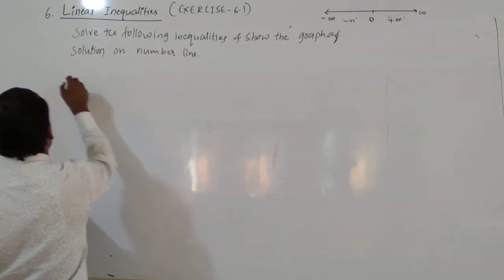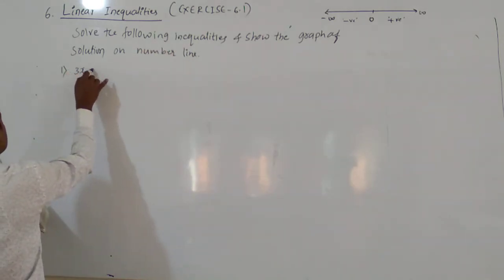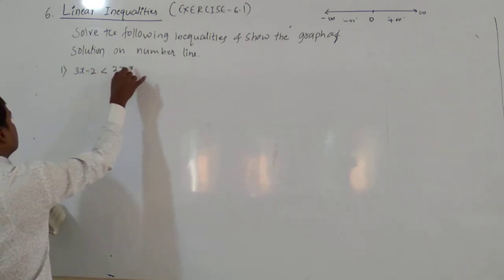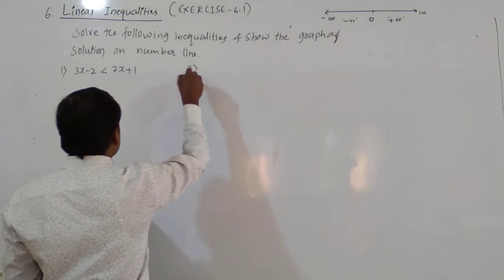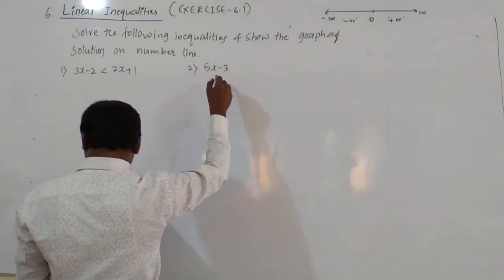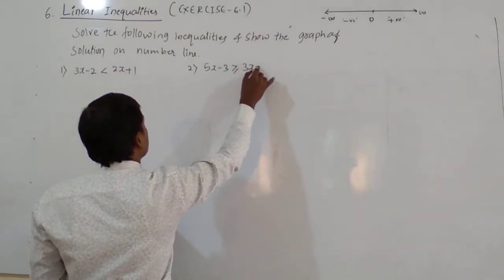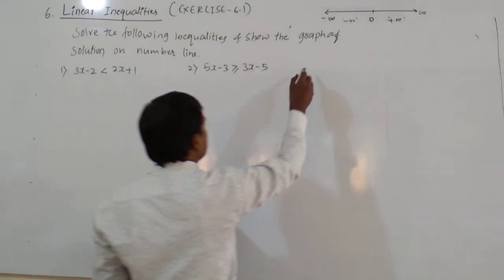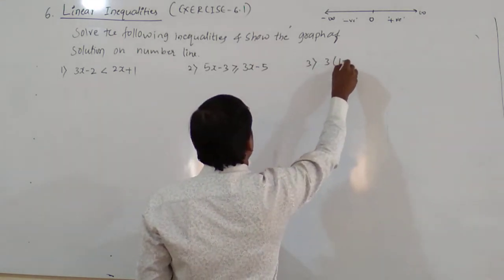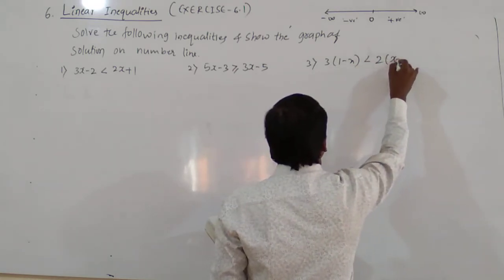In the first one, 3x minus 2 is less than 2x plus 1. The second one is 5x minus 3, which is more than or equal to 3x minus 5. And the third one is 3 into 1 minus x less than 2 into x plus 4.